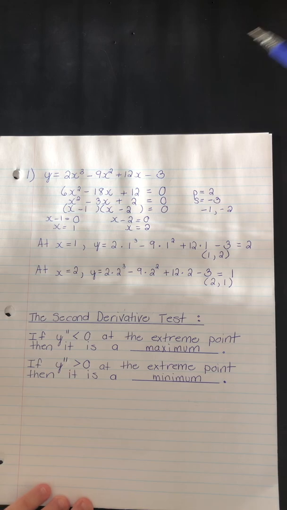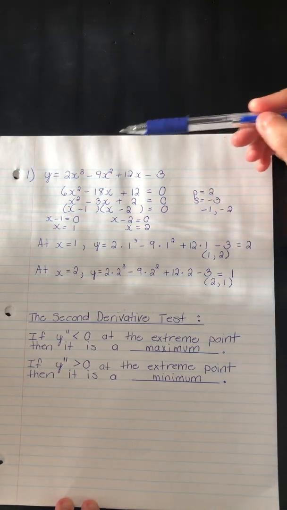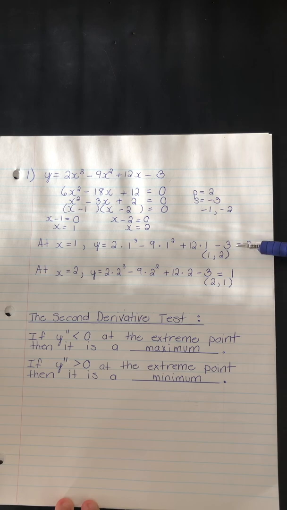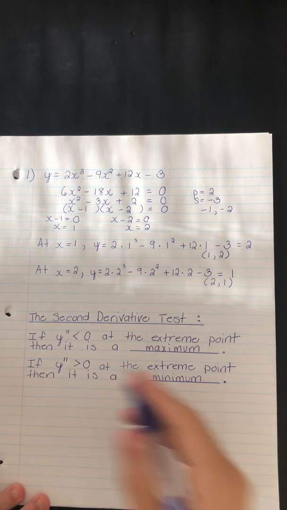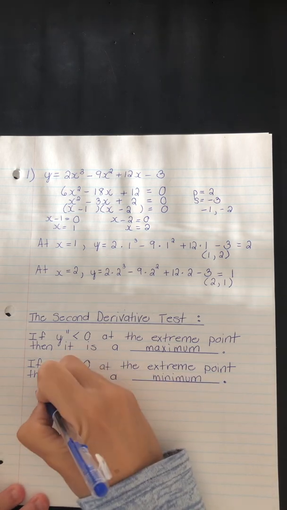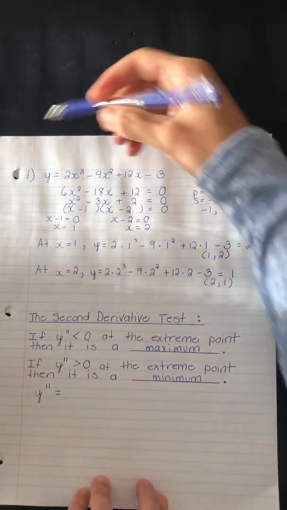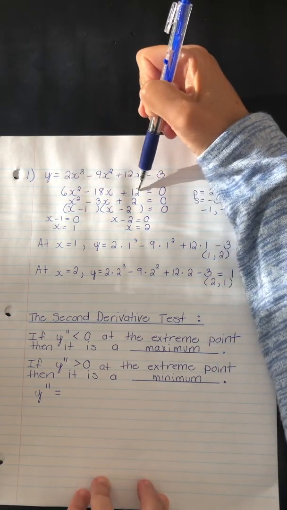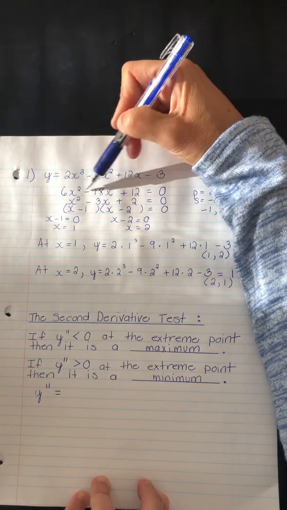So going back to our example, we have a curve with two extremes. Let's identify which extreme is the maximum and which is the minimum by performing the second derivative test. So first, we need to know what is the second derivative. Well, this is the first derivative here, 6x squared minus 18x plus 12.